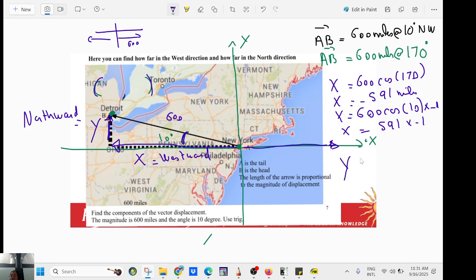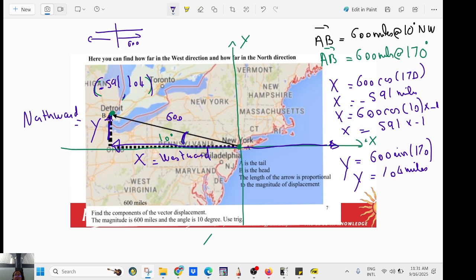So let me finish for the y component, the northward, right? And then you will see it makes sense. So what's the y component? 104 miles, or 100 miles north. So here I'm going to put -591, and here I'm going to put 104.